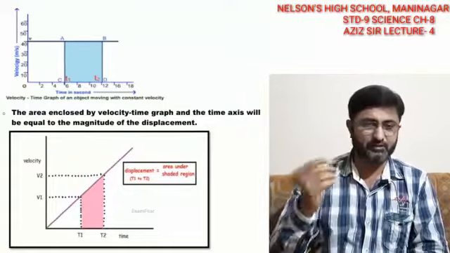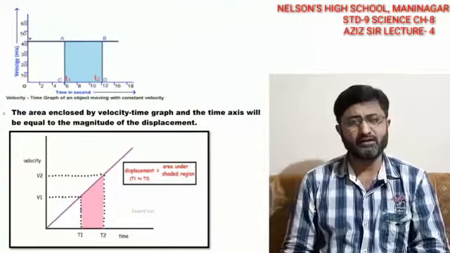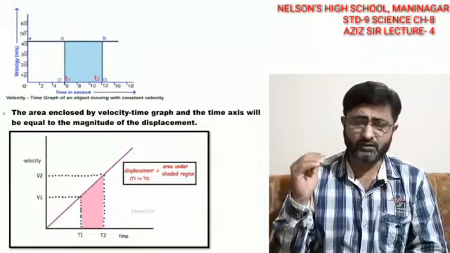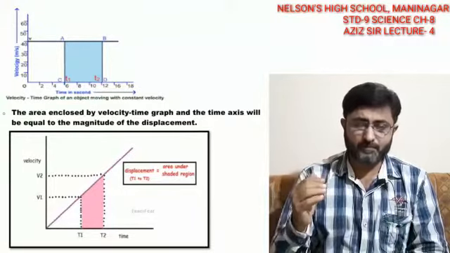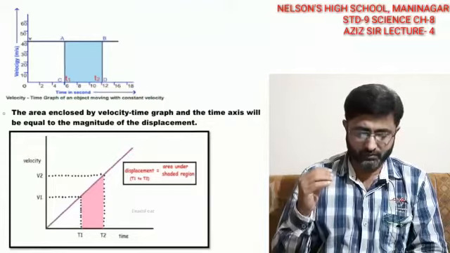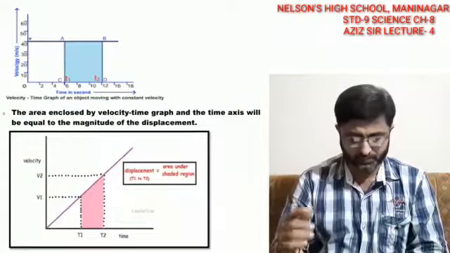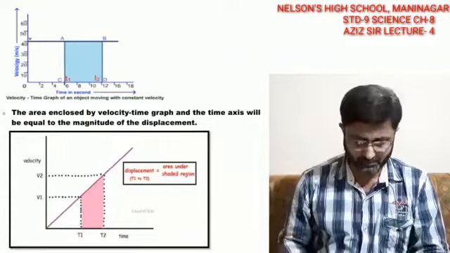The area of the trapezium can be used for finding the distance. So the distance covered for that particular initial and final velocity can be found with respect to this pink color graph, right?